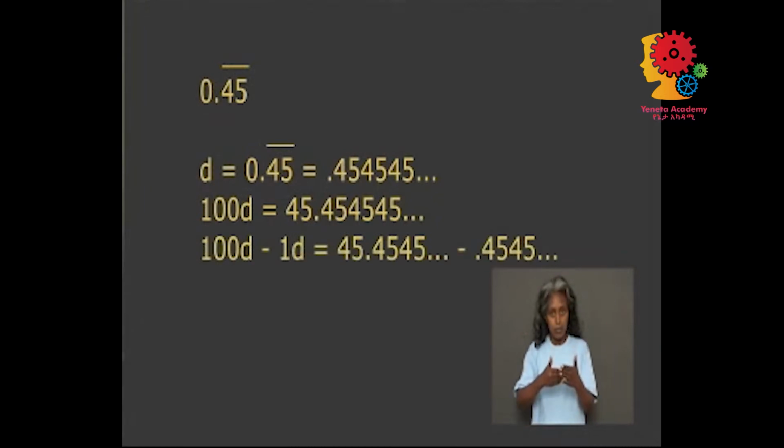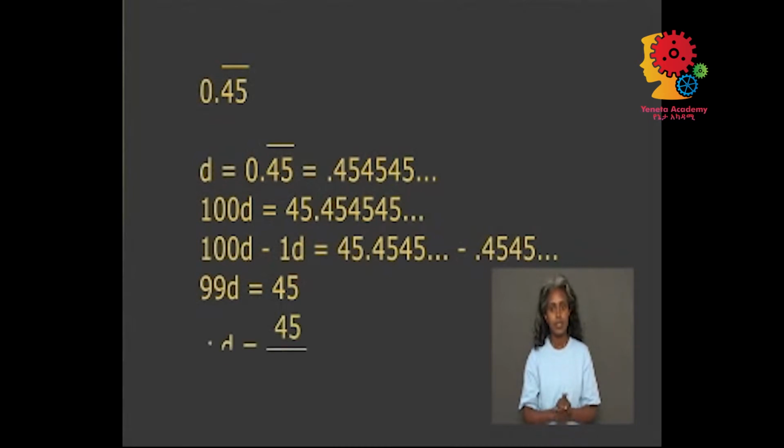By subtracting 1D from 100D, we eliminate the repetend. We are left with 99D equals 45. Therefore, D equals 45 over 99.